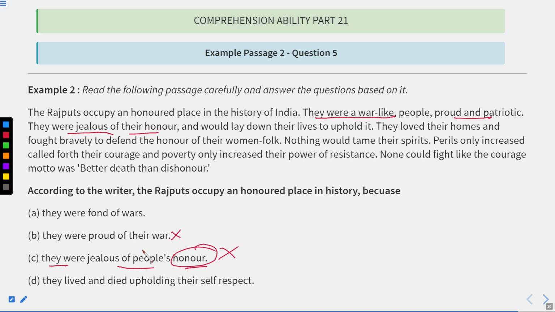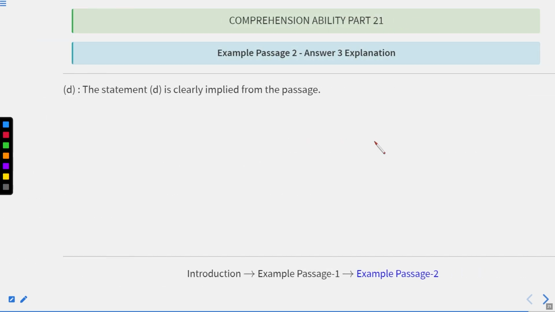Okay, they lived and died upholding their self-respect. Yes, this is very simple and easy. This is very true, because just to uphold their honor, they would lay down their lives. It means they can die. So the answer will be D. So this will be the correct answer.